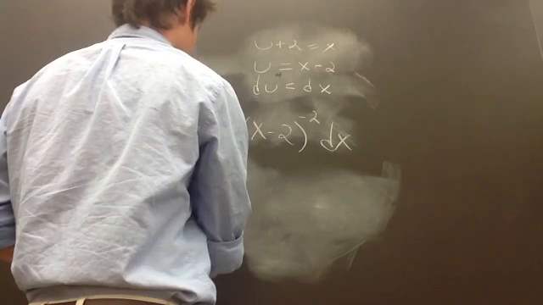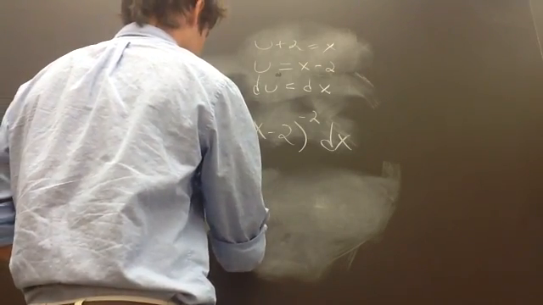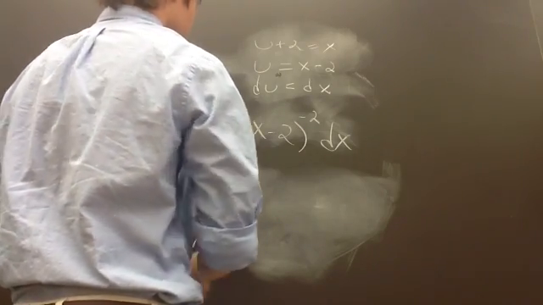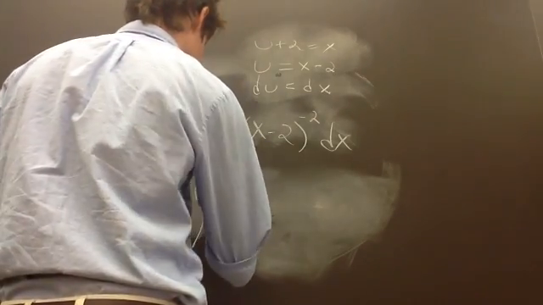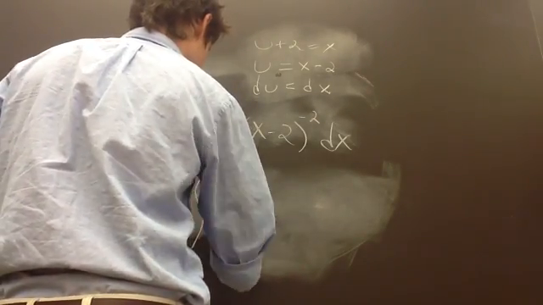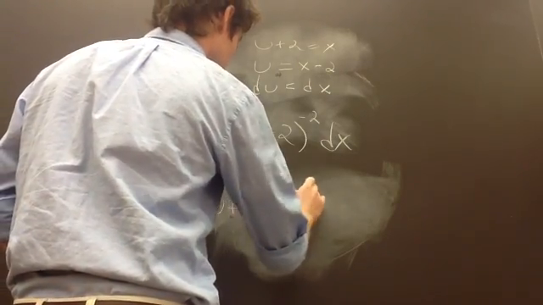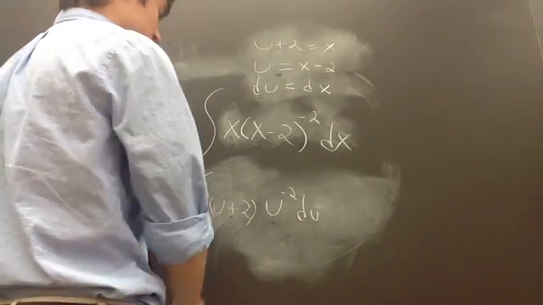So now we can sub everything in. Integral of u plus 2, because we know that u plus 2 is equal to x, times u to the minus 2 du. Now, we can just multiply this thing out.